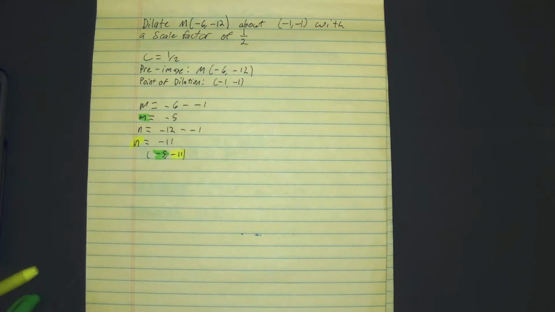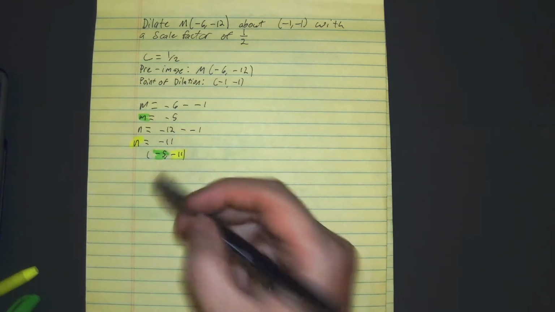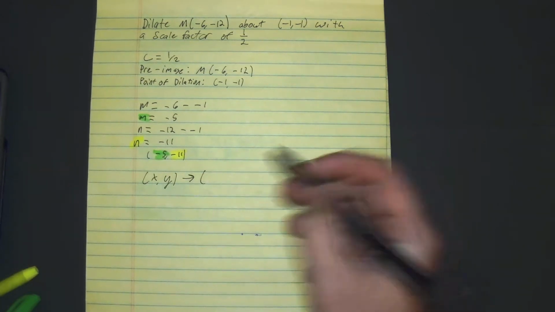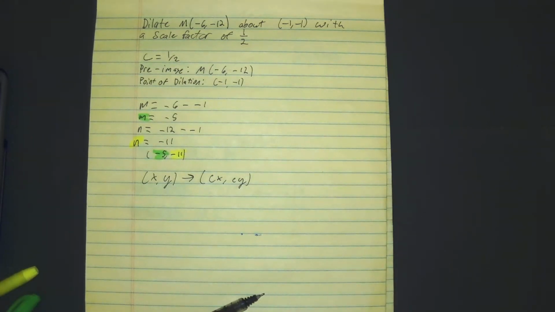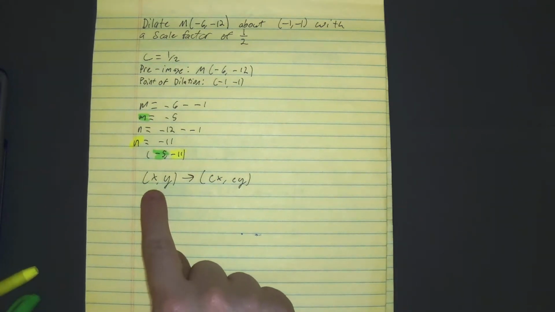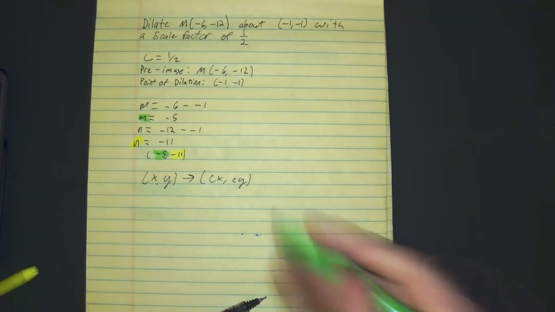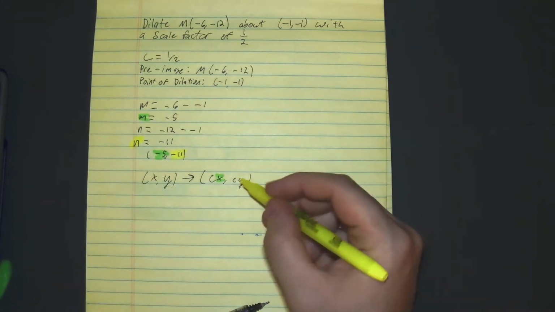All right, and so from here, the typical rule would be x comma y, cx, cy. So instead of using x comma y, the preimage, we're going to be using -5 for that x and -11 for the y.